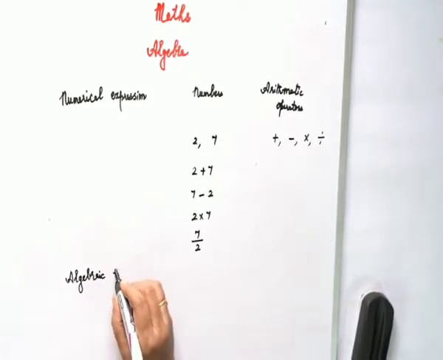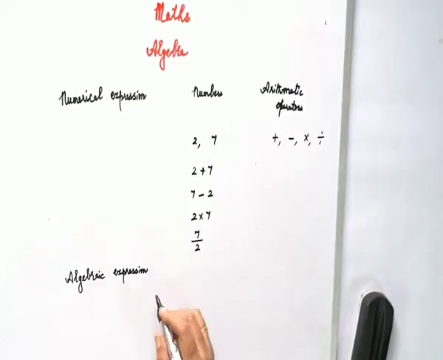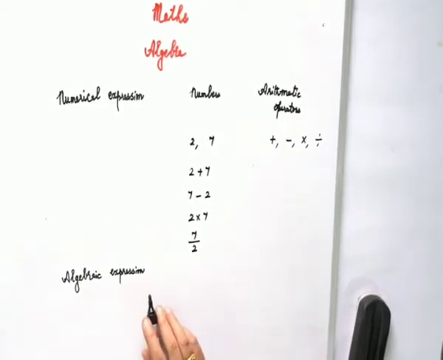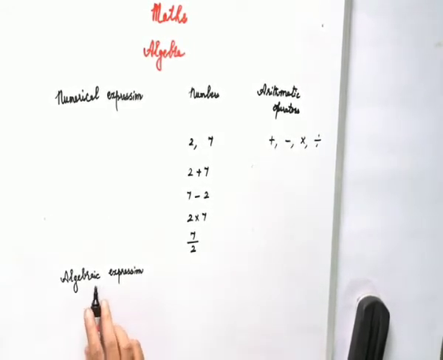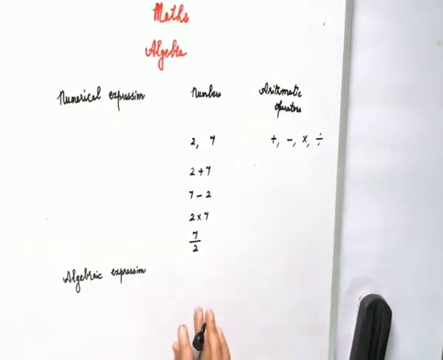Next we will see algebraic expression. Combination of constant, variable and arithmetic operators form algebraic expression. Algebraic expression consists of terms.